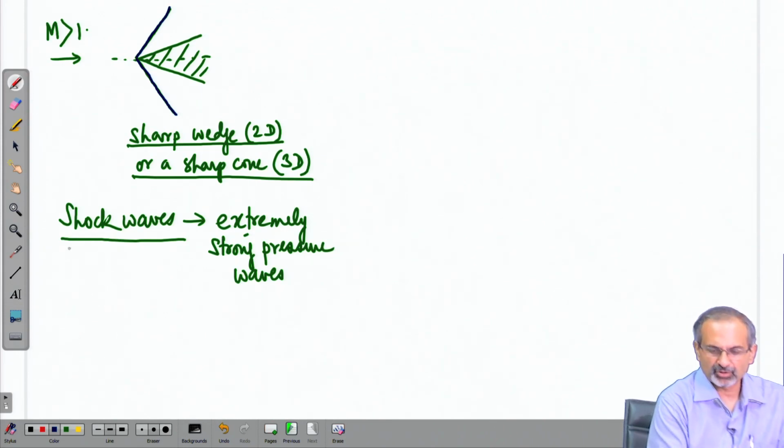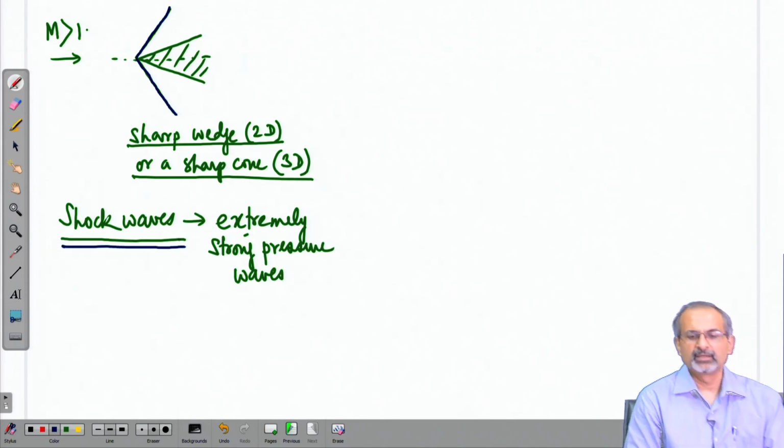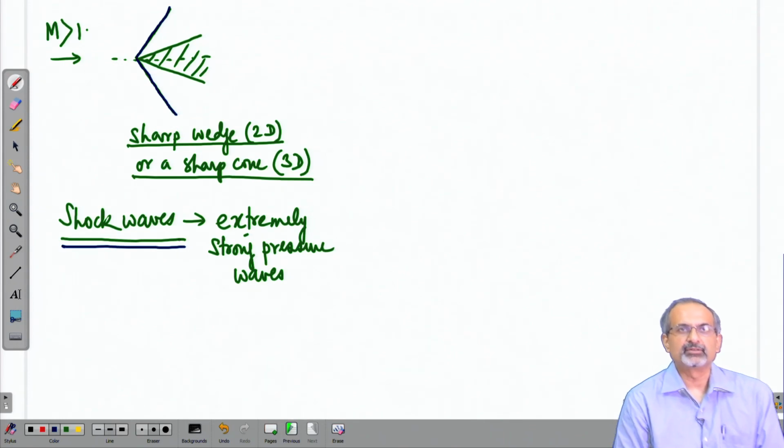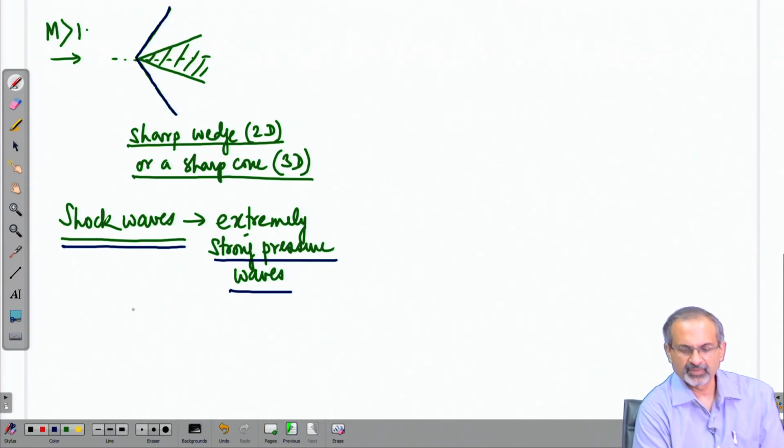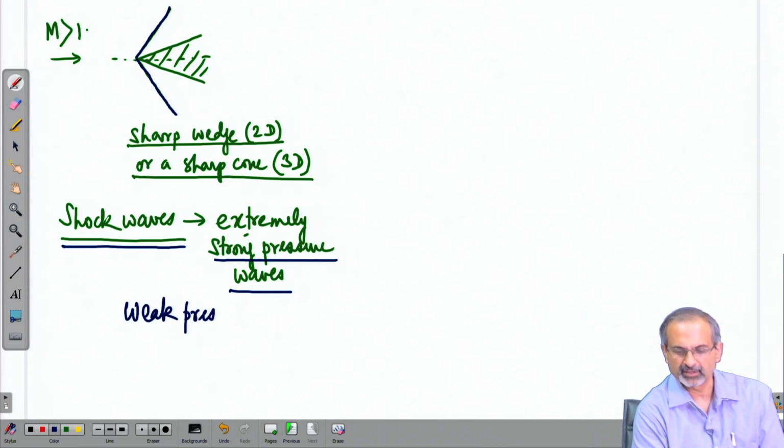We will discuss shock waves further in due course. So, we are just getting a very brief introduction to it, and remember that these are very strong pressure waves, while we talked about weak pressure waves earlier when we talked about sound.